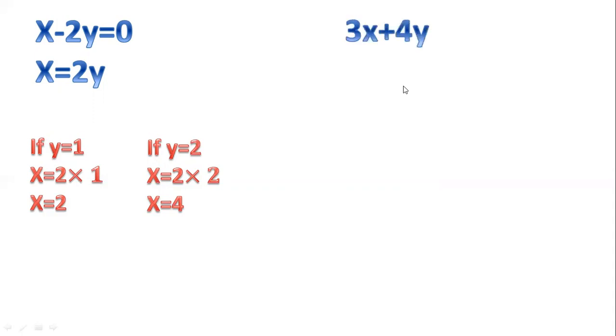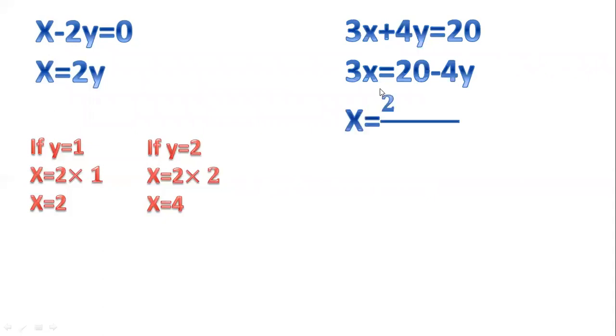Take one more equation, that is 3x plus 4y is equal to 20. You can rewrite this as 3x is equal to 20 minus 4y. So x is equal to (20 minus 4y) by 3.